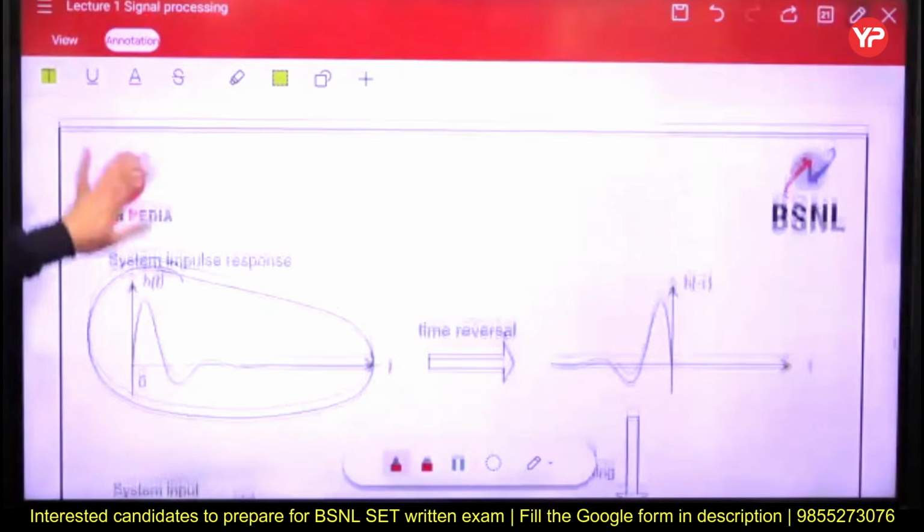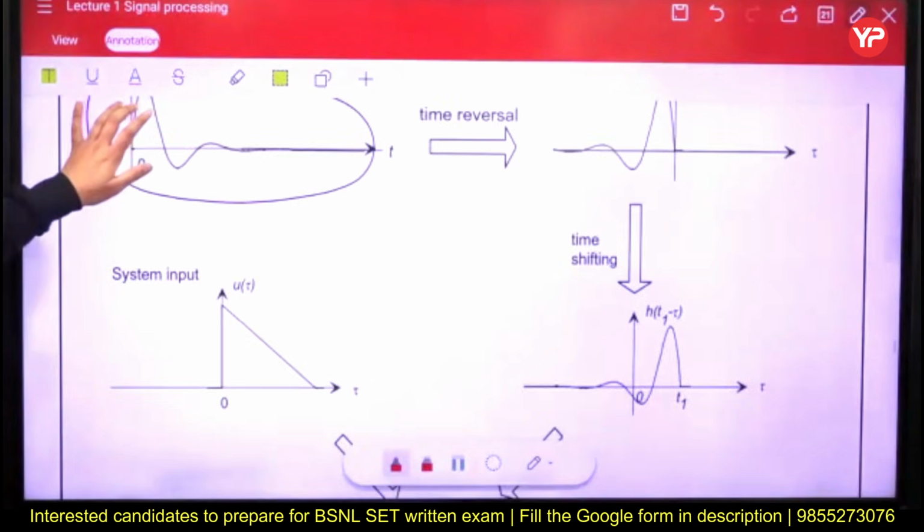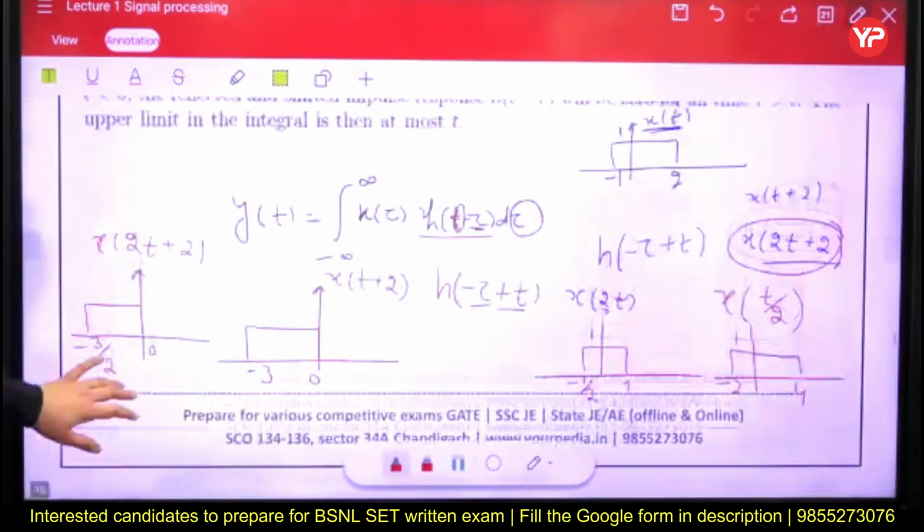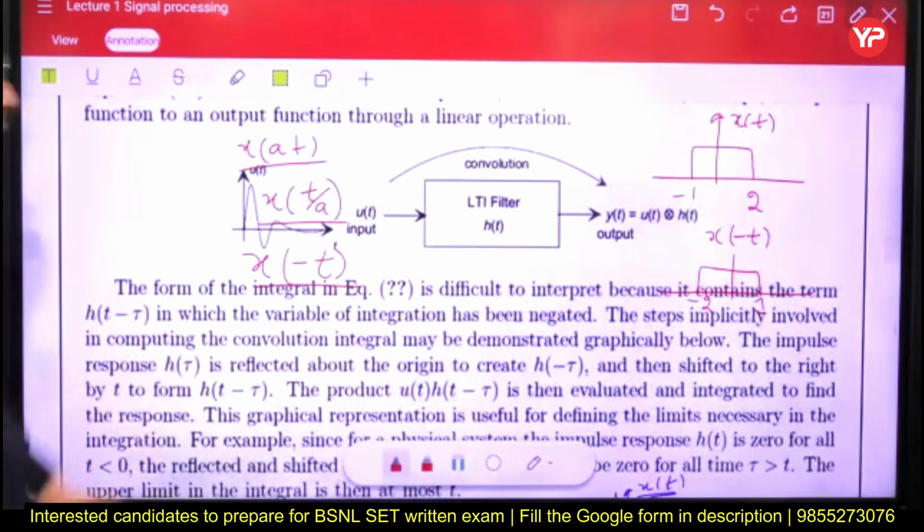Now we are going to convolution. Here we have the system.